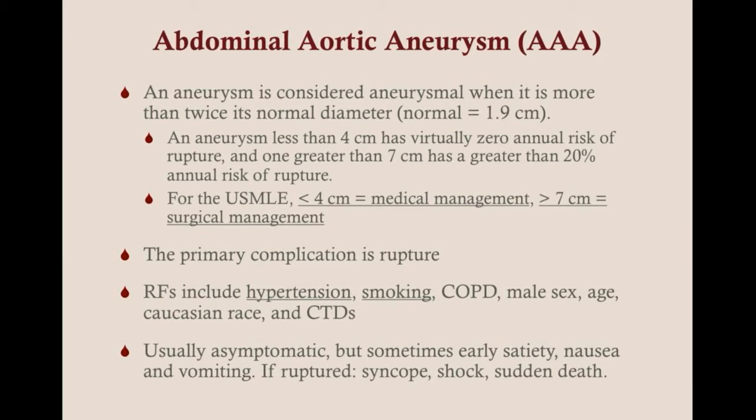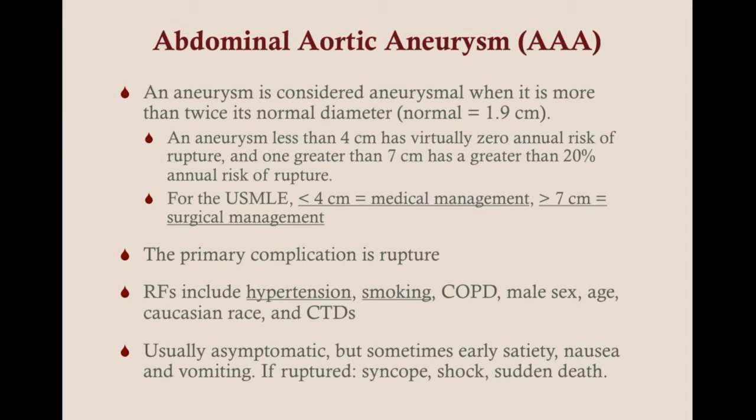Usually, an abdominal aortic aneurysm itself is asymptomatic, but sometimes you can get early satiety, you can get dysphagia, just because the aneurysm presses up against the esophagus. You might also have a patient coming in and complaining about this mass in their belly. Sometimes they'll say, oh, it's a hernia because it looks like a midline abdominal hernia. But then when you feel it, you notice that it's pulsatile, and that's definitely not a midline abdominal hernia.